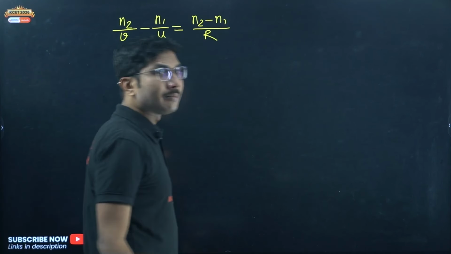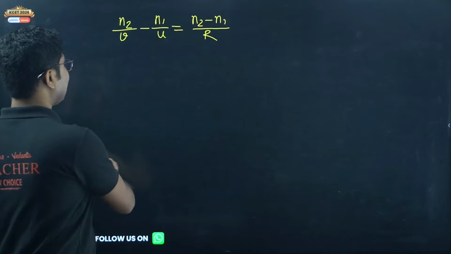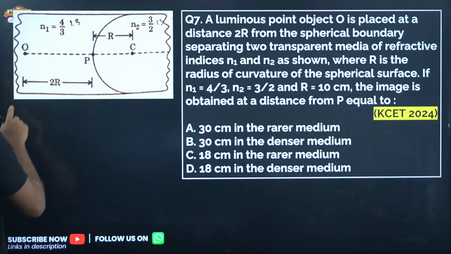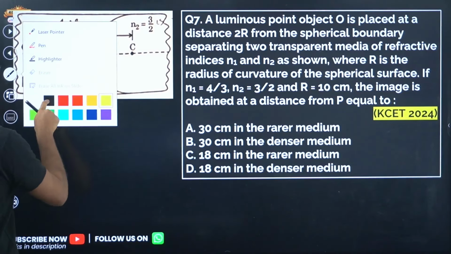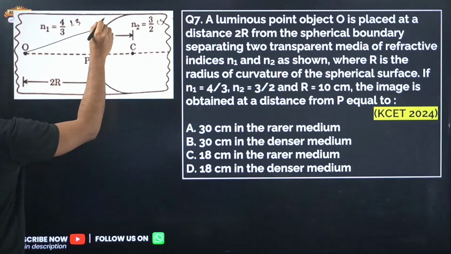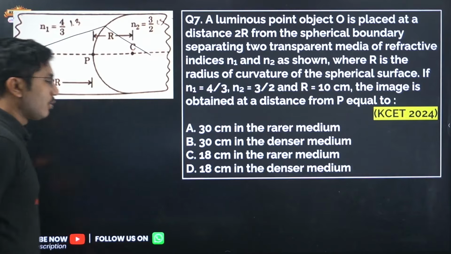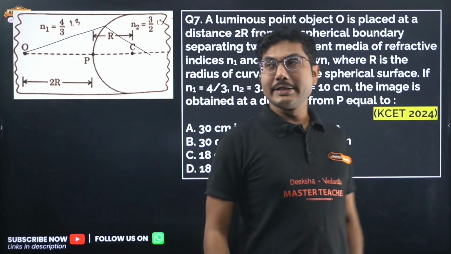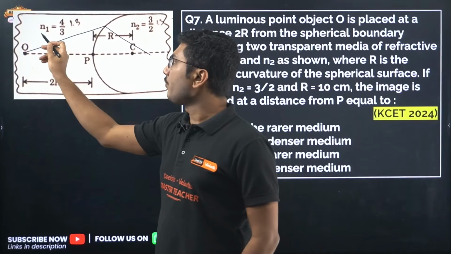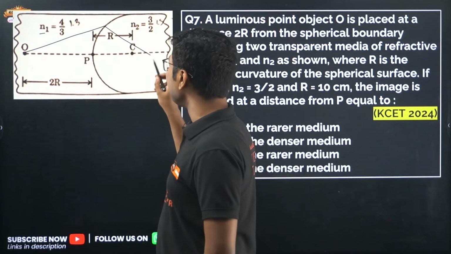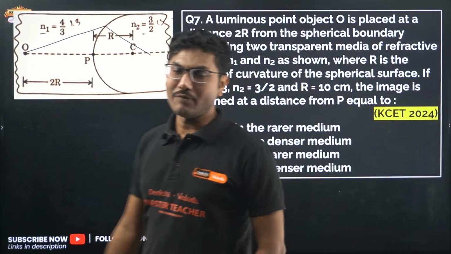Now how to remember this? In general, this may not be always, but in general what happens is that when a ray of light is passing like this, object is in the region of refractive index n1 and image is in general in the refractive index of n2.